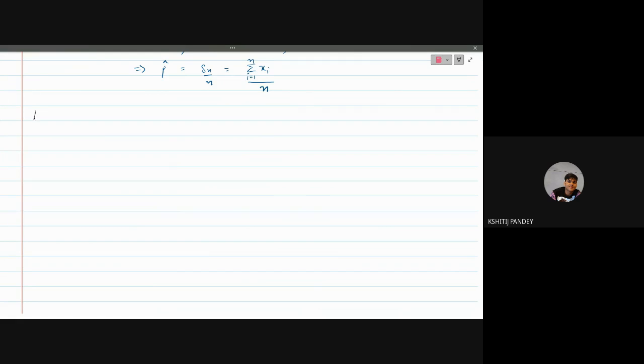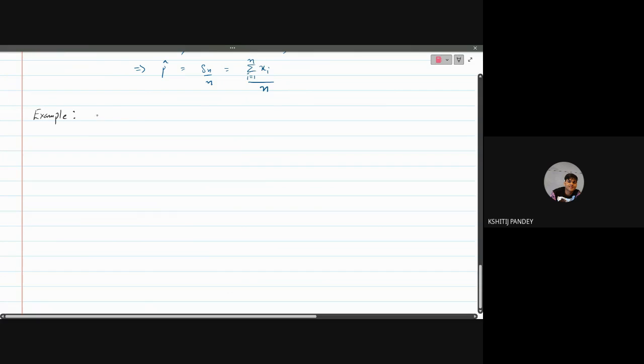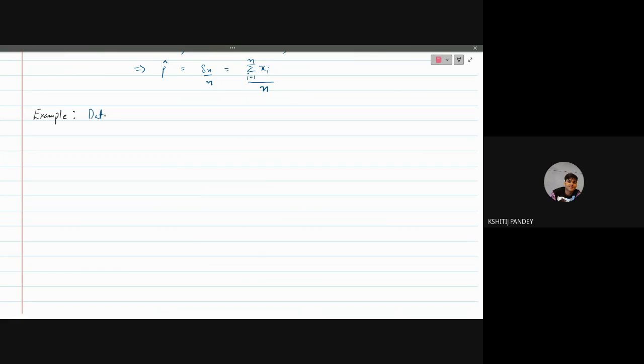So what's the other example? Well, our data has some values and they belong to R for all values you have in the data, for all i's.